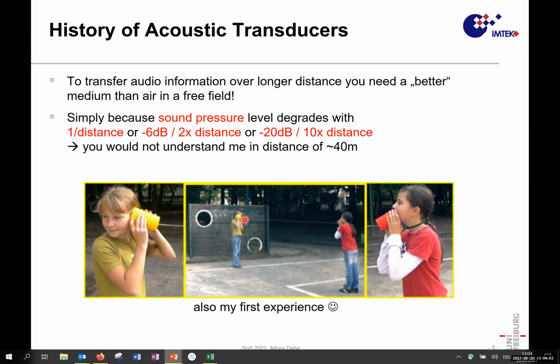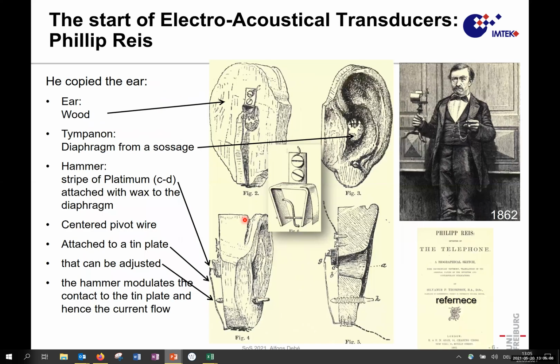And this, of course, is the mechanical principle of transferring sound. Good, well understood, but forgotten, and not really a technical use to implement this. So then we see here the intention from Philipp Reis, 1862.